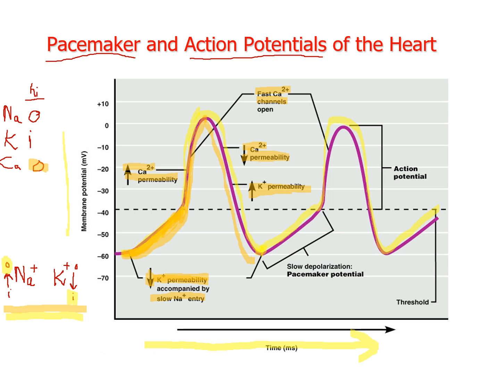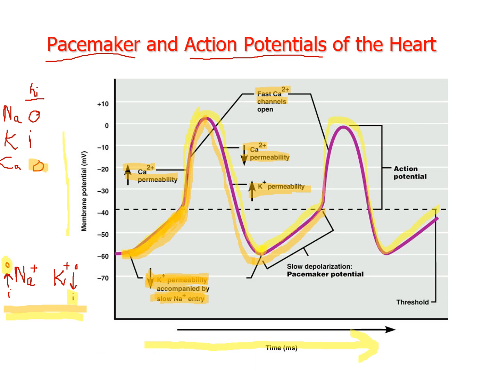And then the whole process starts again. You get low potassium permeability accompanied by some slow sodium entry, and again, depolarization to the threshold. And that is how these impulses are being generated spontaneously in the pacemaker tissue of the heart.